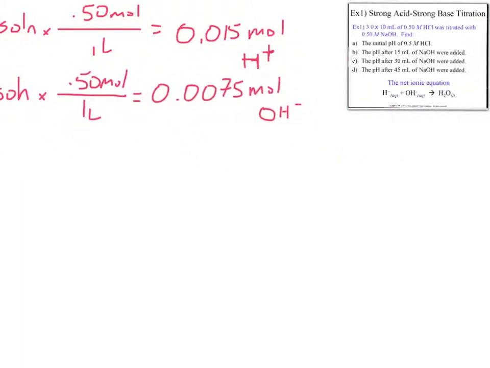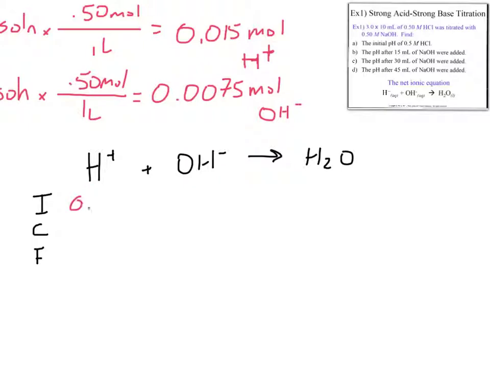And then to do the rest of it, an ICF or an ice table without equilibrium would be a good place to go. So the reaction we're concerned with is H plus plus OH minus, yielding water. And so in this reaction, we would have 0.015 moles of H plus, 0.0075 moles of hydroxide, initially no water.